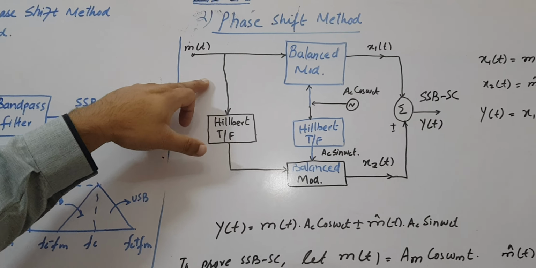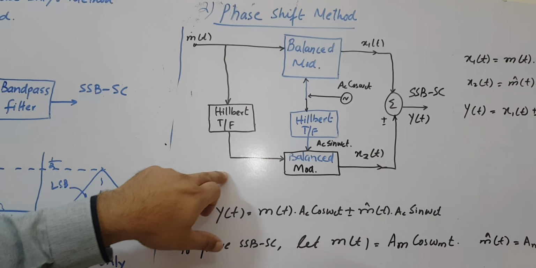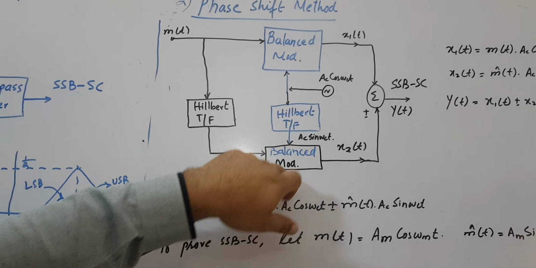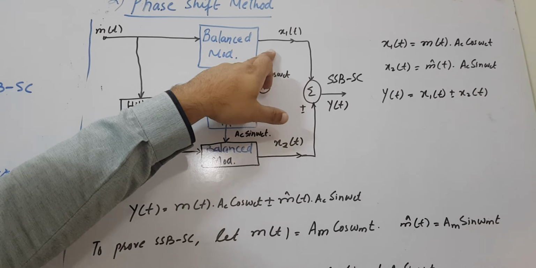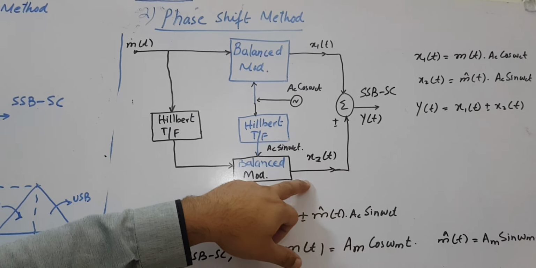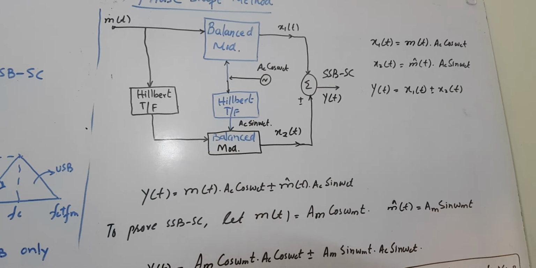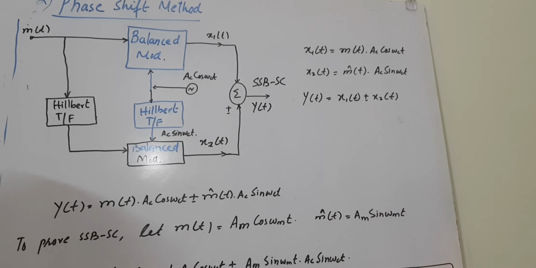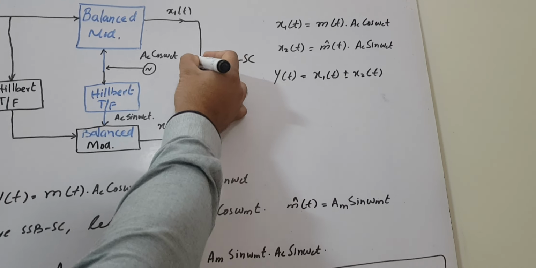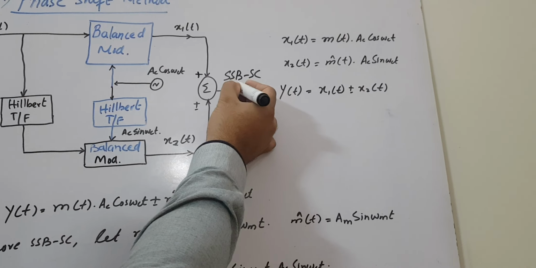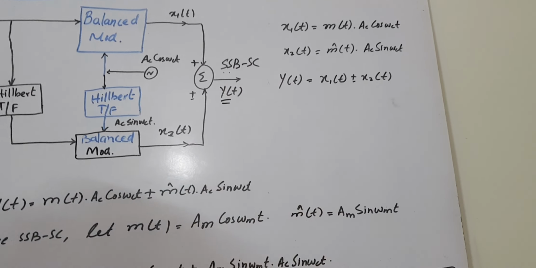Similarly, the message signal is given to the Hilbert transform and then to the other balanced modulator. The output of one balanced modulator is x1(t) and the output of the other is x2(t). Then you sum them up or take the difference, and you end up with a single sideband suppressed carrier, that is y(t).